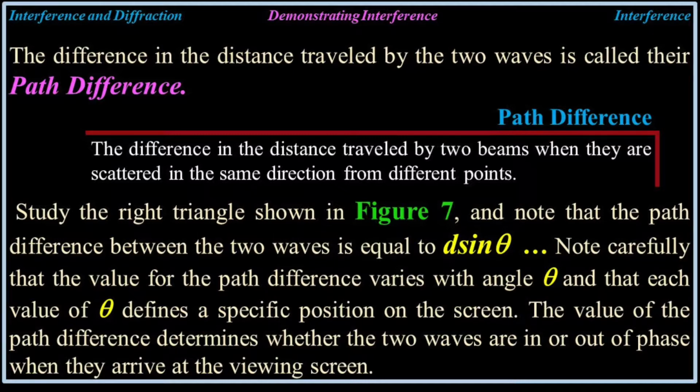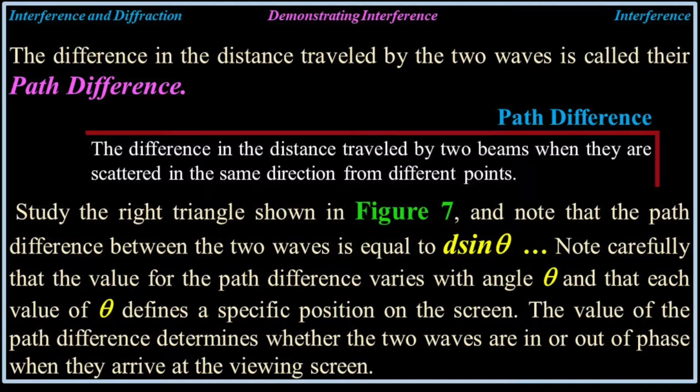Study the right triangle shown in Figure 7, and note that the path difference between the two waves is equal to d sine theta. Note carefully that the value for the path difference varies with angle theta, and that each value of theta defines a specific position on the screen.